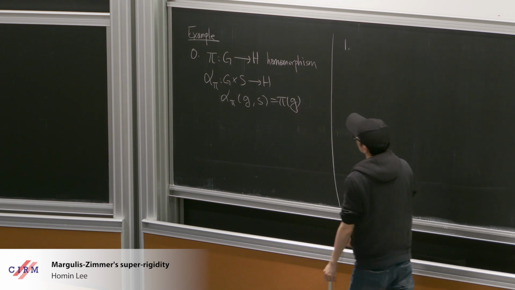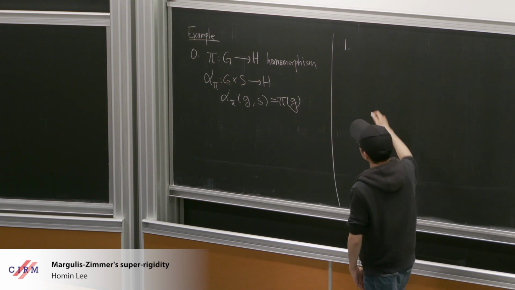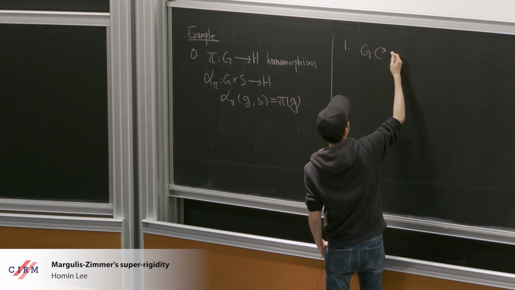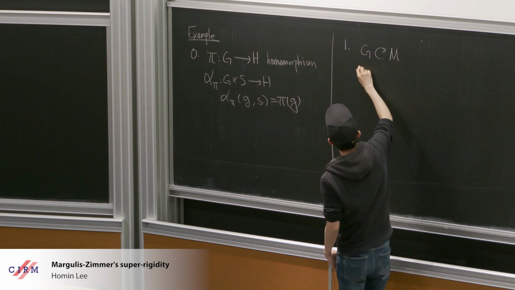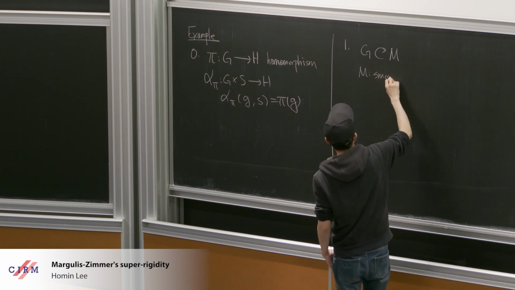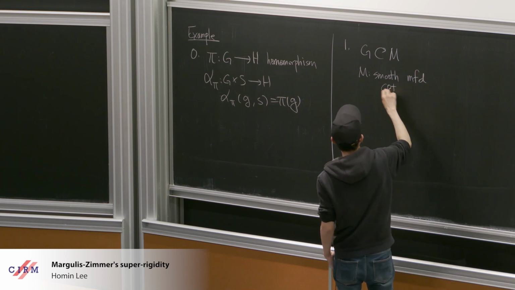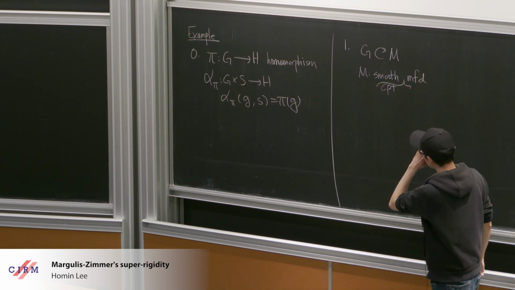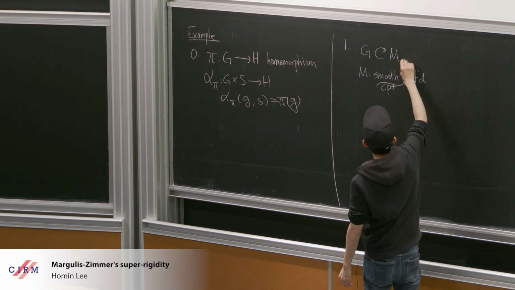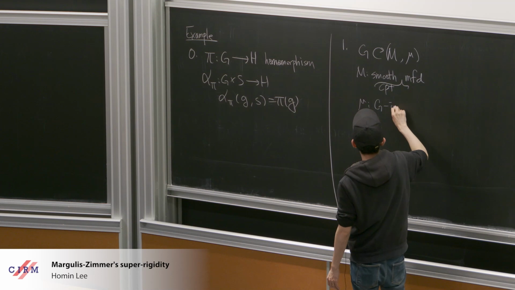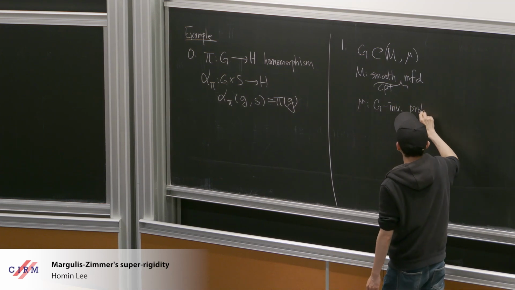But now the somehow interesting example appears when you have a group action. So let's say M is a smooth compact manifold. And now let's say mu is the G invariant Borel probability measure.